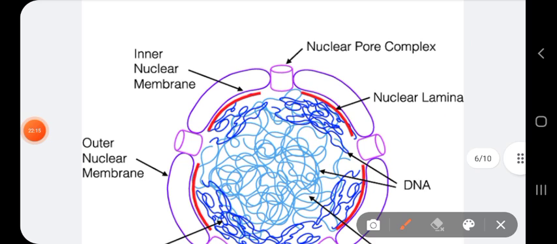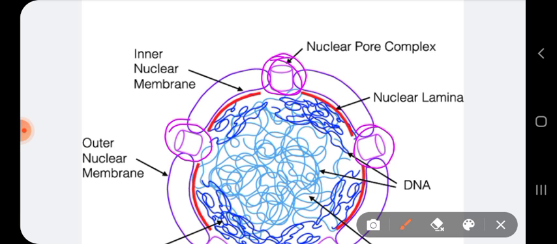If you see this nuclear pore complex, it looks like a tube-like structure, but it is a little bit more critical in shape. If I show you the diagram, let's move to the next component of the nucleus, which is the nuclear pore complex.